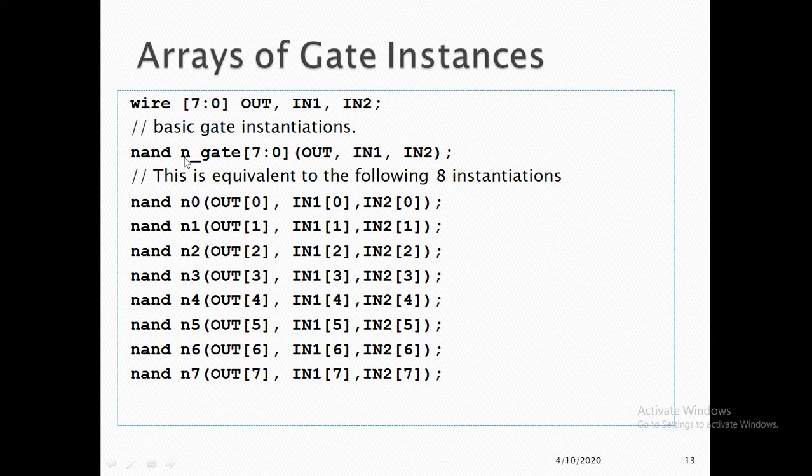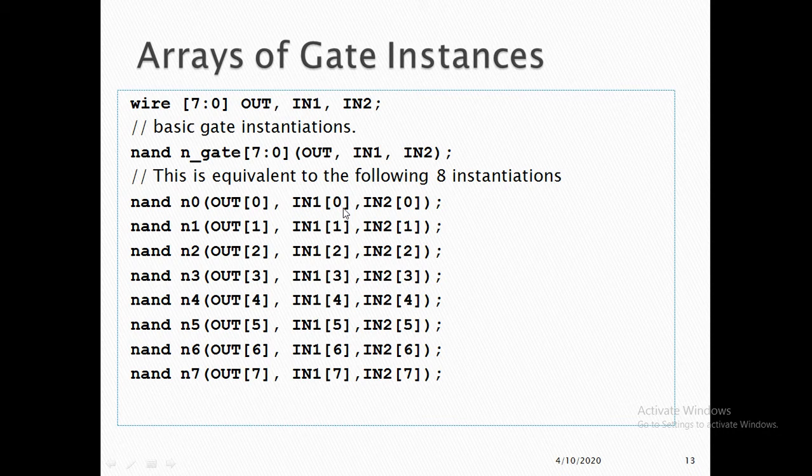Here the NAND gate is instantiated. Here you see that the instance name is N1. The NAND gate is instantiated 8 times.